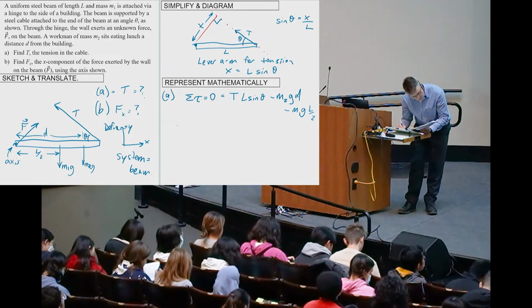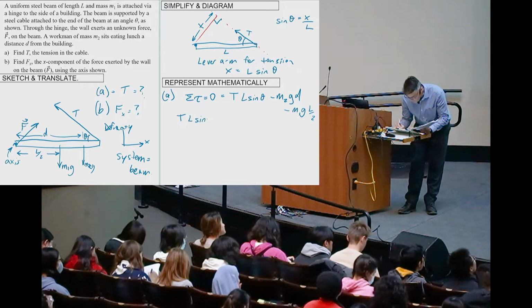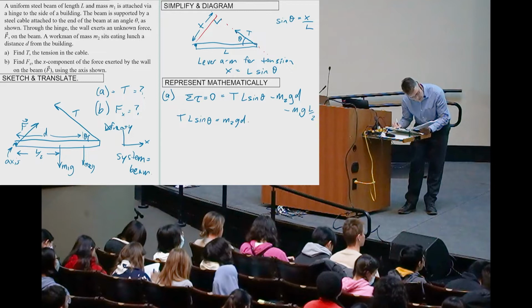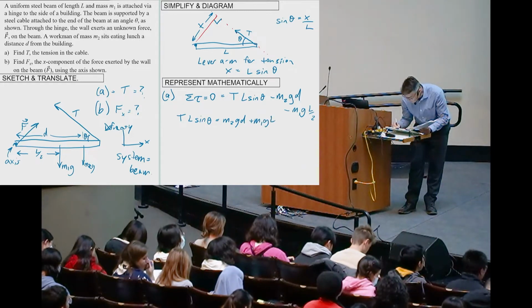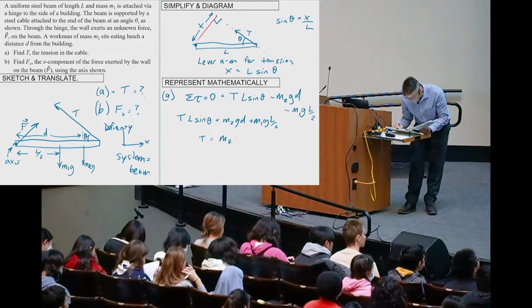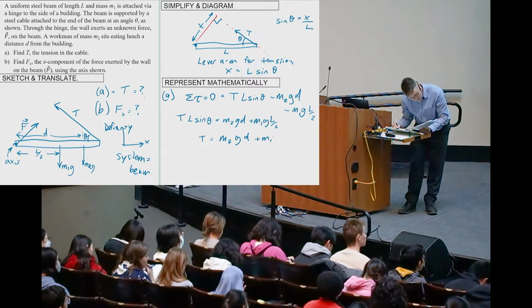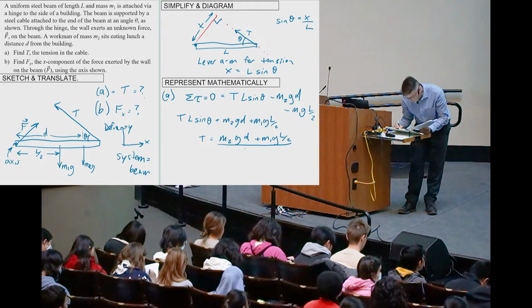So I can just solve that out. T times L sine theta is equal to M2 times G times D plus M1 times G times L over 2. So T is equal to M2 times G times D plus M1 times G times L over 2, all divided by L sine theta.